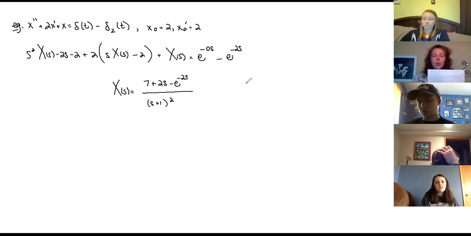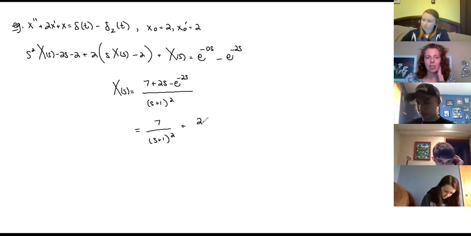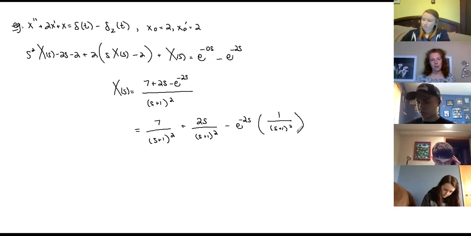We've got 2 things going on here, actually kind of like 3. So we're gonna split this up into 3 different pieces and see what we can do for the inverse transform of each of those. So we're gonna have a 7 over s plus 1 squared, a 2s over s plus 1 squared, and a minus e to the negative 2s times 1 over s plus 1 squared.